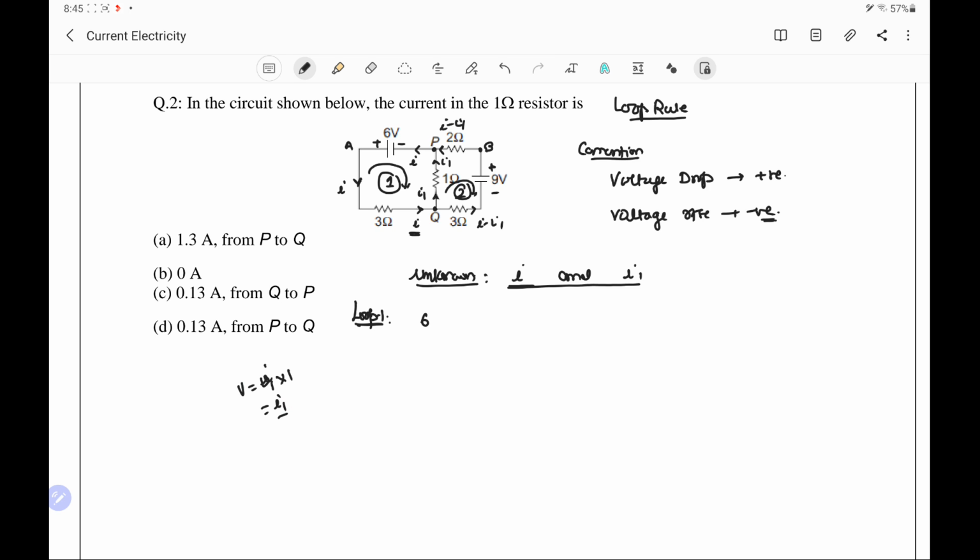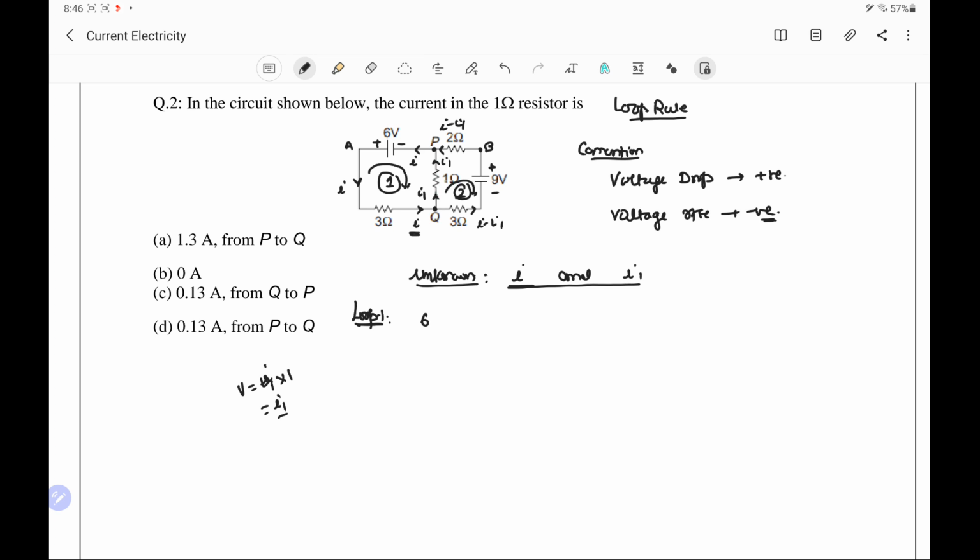Now what is the sign? Because we have taken that voltage drop across the resistor will be positive and rise will be negative in the direction of the traversal. We are traveling from P to Q, and current is moving from Q to P, and current flows from higher voltage to lower voltage.